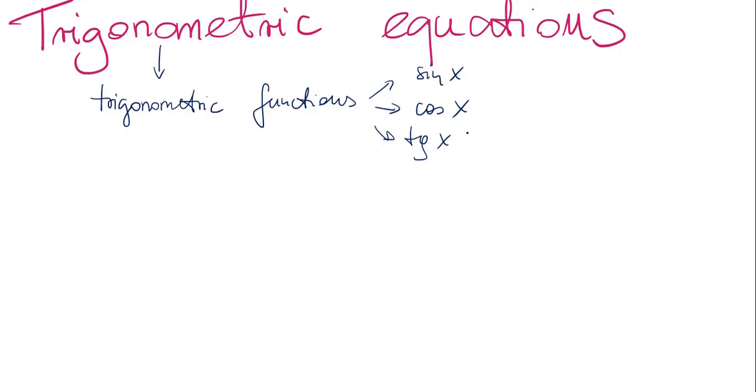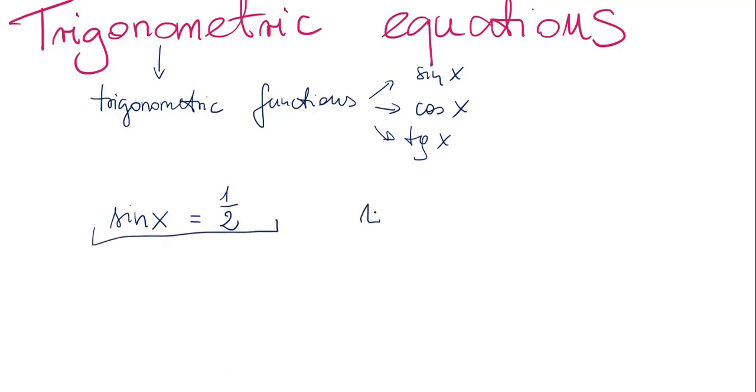So let's start with the first very simple equation, and then I'll show you what I mean by using these functions. Let's say that we have an equation like this: sine x equals 1/2. Very simple, right? So what do we need to do here?